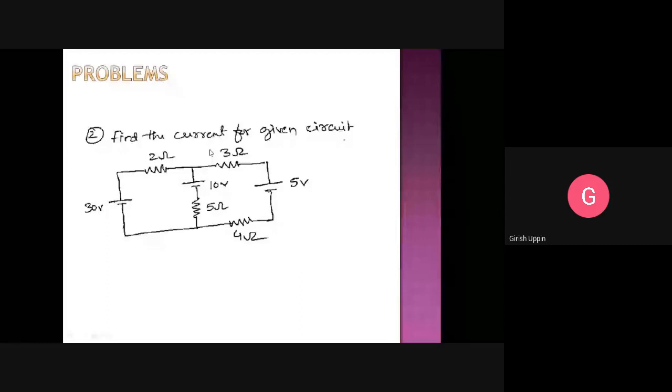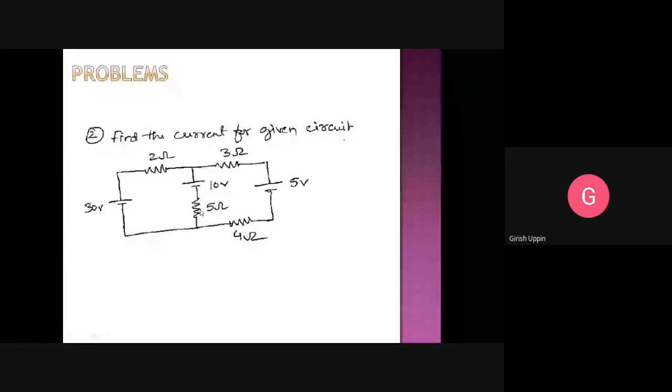Then I1 is equal to I2 plus I3, and this current will come here. This would be I2 and this would be I3. So I2 plus I3 will again come back as I1. I1 current will flow back here. So if you use this branch current as I3, then how many unknowns do you have? I1, I2, I3, 3 unknowns.